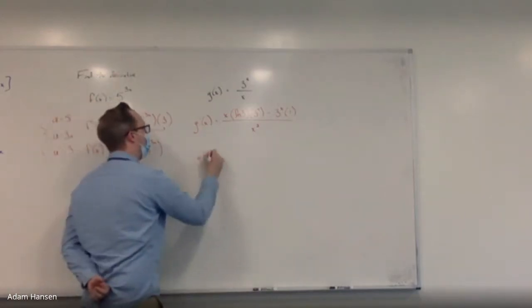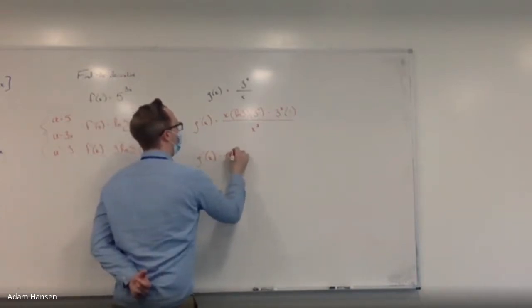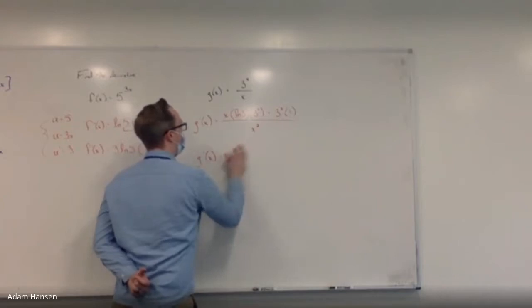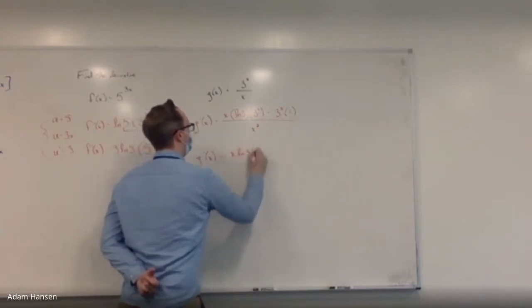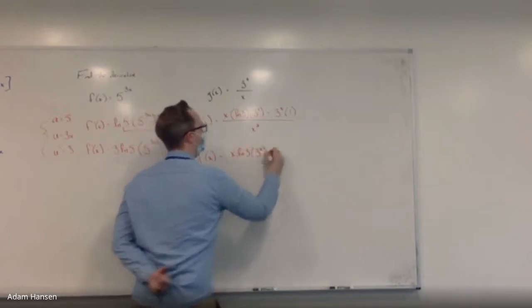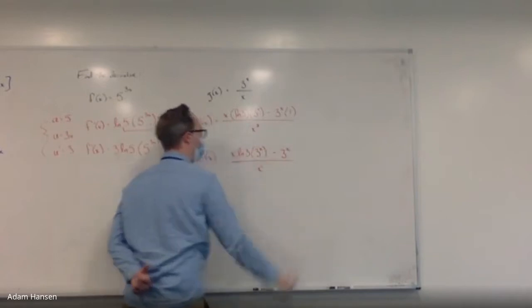Let's see if I can clean this up a little bit. Not a whole lot of work. Actually, let's write this out first: x ln 3 times 3 to the x minus 3 to the x over x squared.